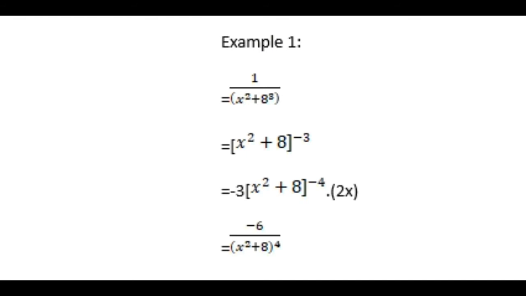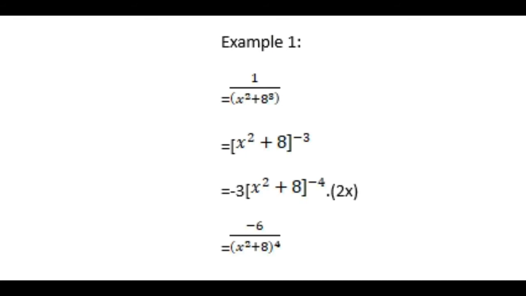Then the negative 3 will be put in front. Then you will subtract 1 from the negative 3. So it will look like negative 3 times x squared plus 8 raised to the power of negative 4. Then you will find the derivative of x squared plus 8, so it will become 2x. Then it will look like negative 3 times x squared plus 8 raised to the power of negative 4 times 2x.